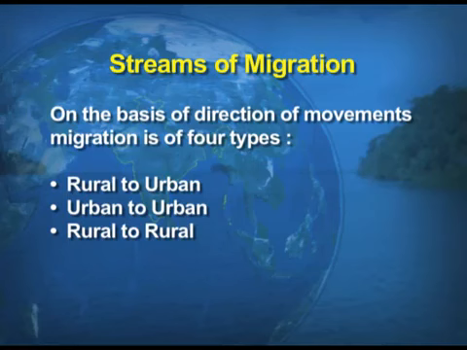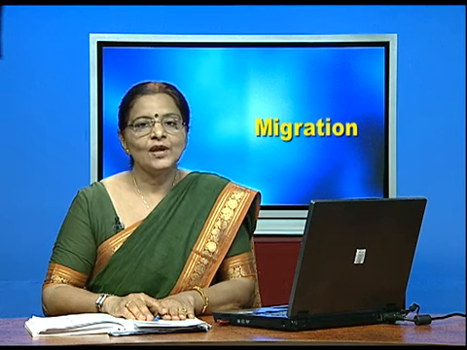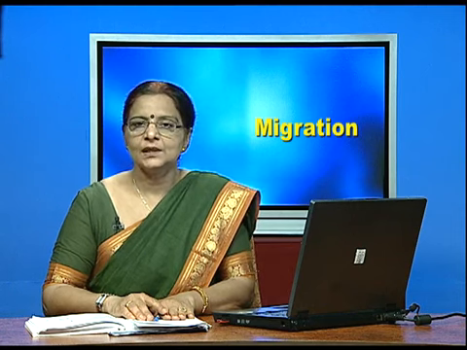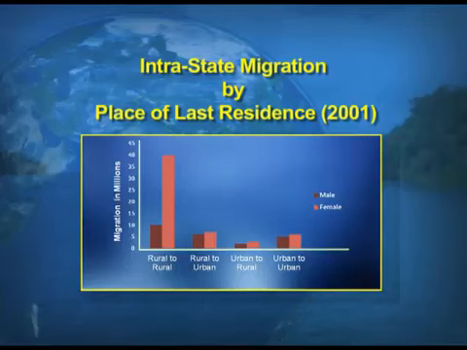Number 3, when people migrate from rural area to rural area, that is the 3rd stream of migration. And lastly, the migration from urban to rural areas, which is not very common in India. You can have a visual of the bar diagram stating the intra-state migration by place of last residence, and these statistics are on the basis of the census 2001.